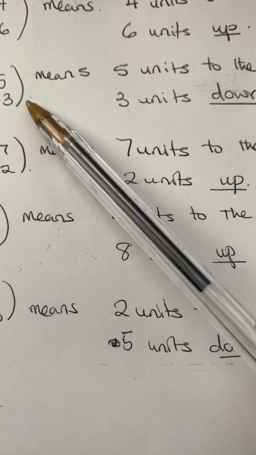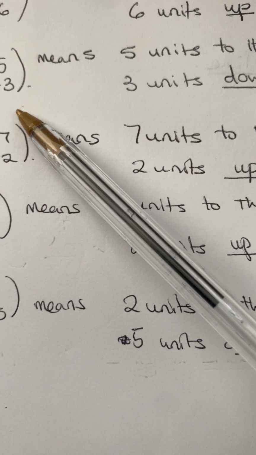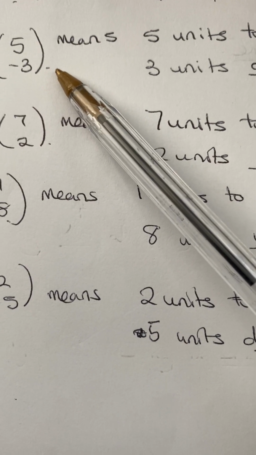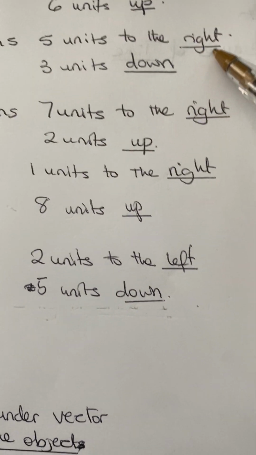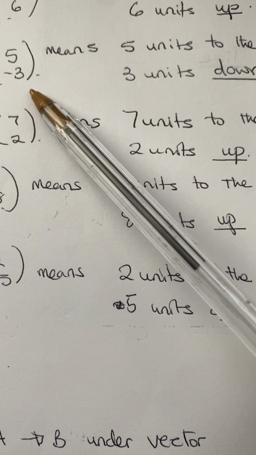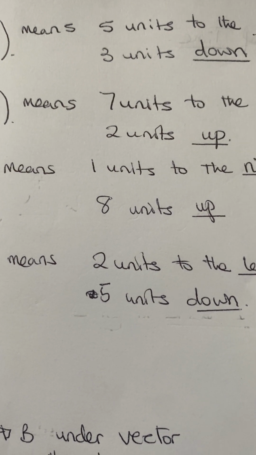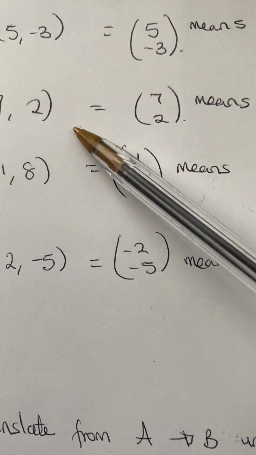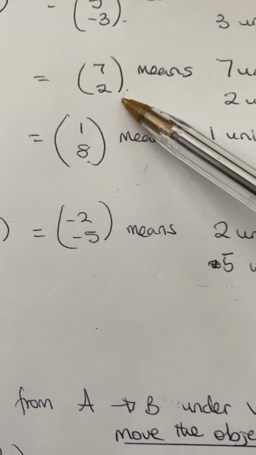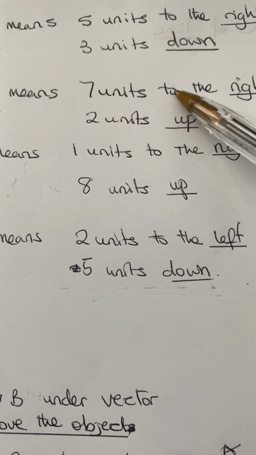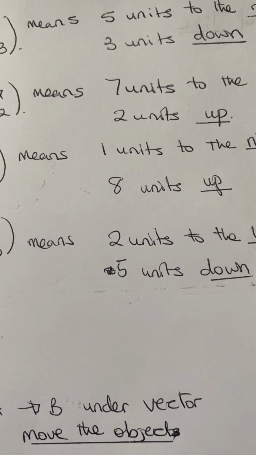So here it means each point on the image, you are going to move 5 units to the right, and then minus 3 means 3 units down. 7, 2 in the vector form is 7 and 2, which means 7 units right, 2 units up.